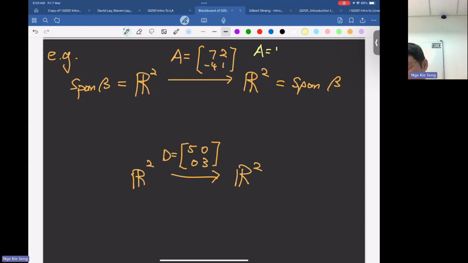How do we find this? Basically, we use the diagonalization method to find this D here, and then we have P here.